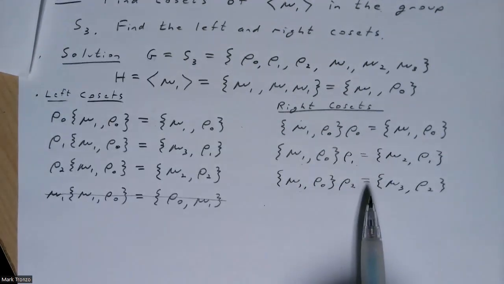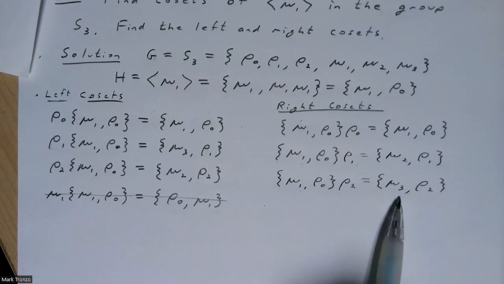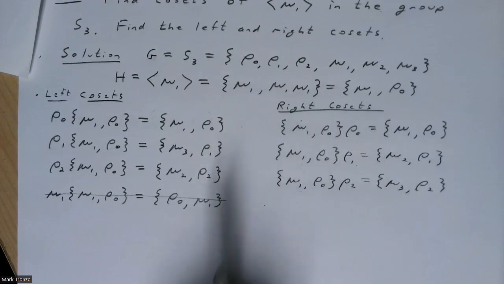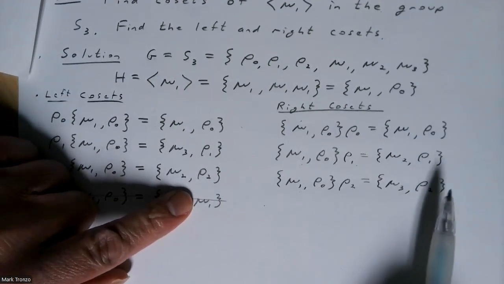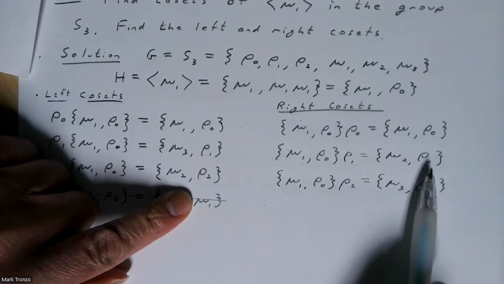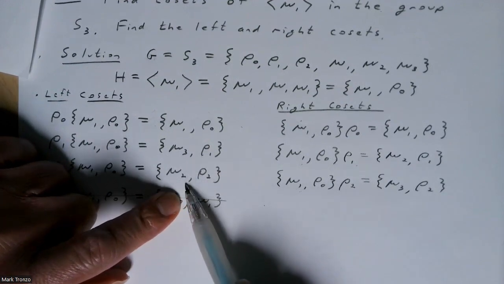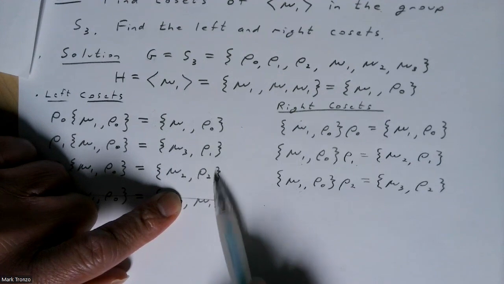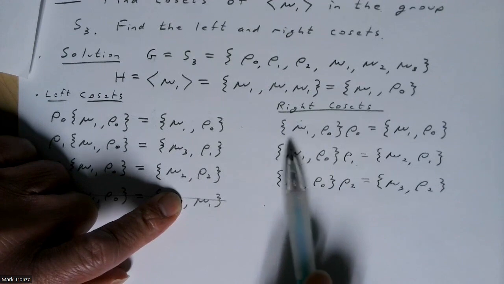But notice one thing: we did not get the same cosets, did we? The first one is the same, but notice the other two cosets don't match. In other words, we have a mu2 rho 1 over here, but there's no mu2 rho 1 over there; we have a mu2 rho 2. And over here, we have a mu3 rho 2, but no mu3 rho 2 anywhere over here. So in this case, the left and the right cosets are different.